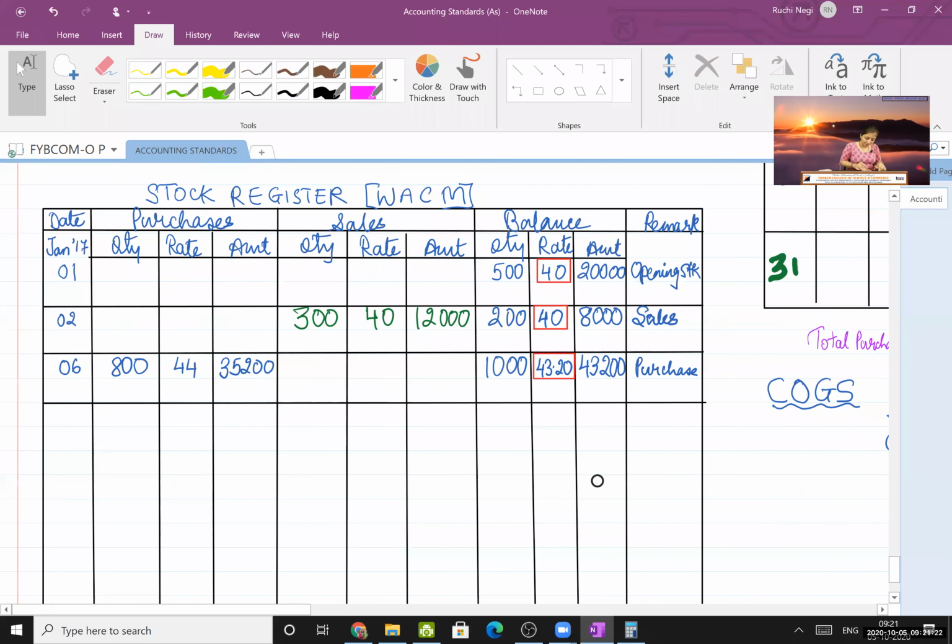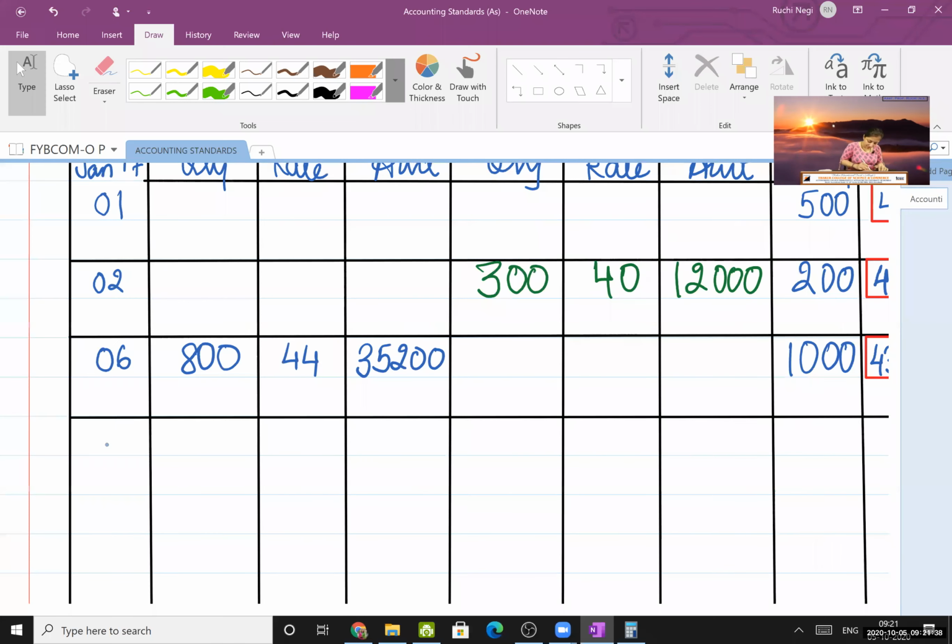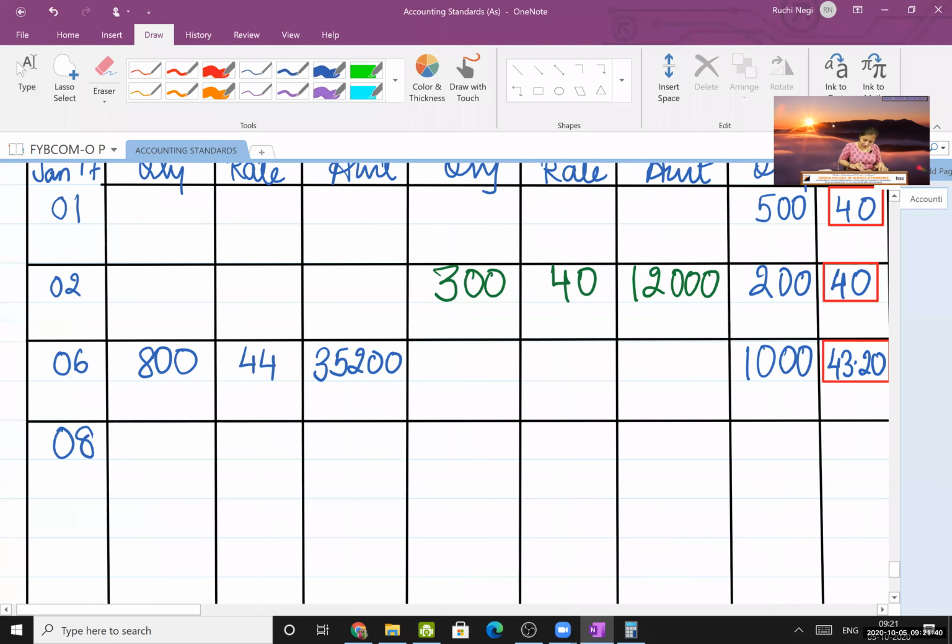Okay, 6th is done. Next, come to 8th. There is a sale of 400 units. Ignore the selling price. So I'm selling 400 units. On 8th, write 400 units in the sales column quantity.